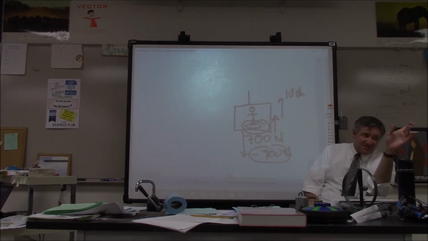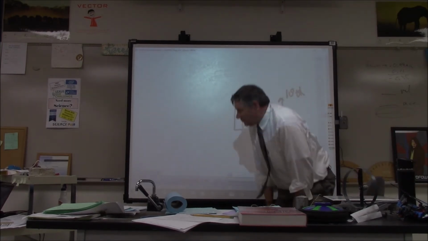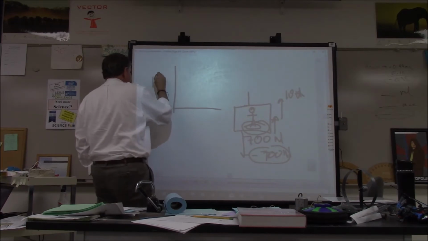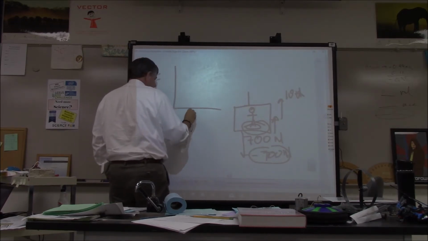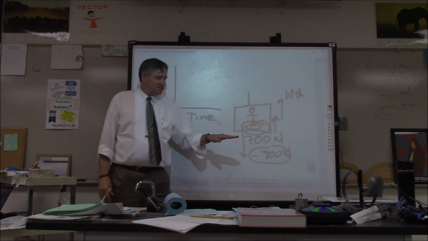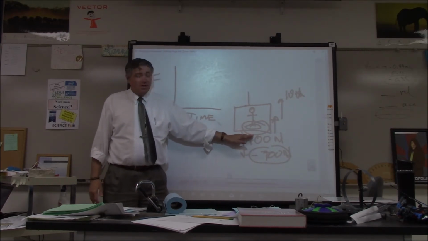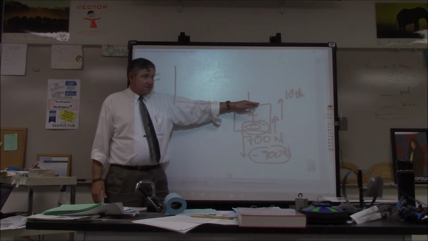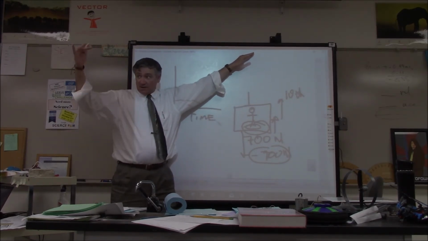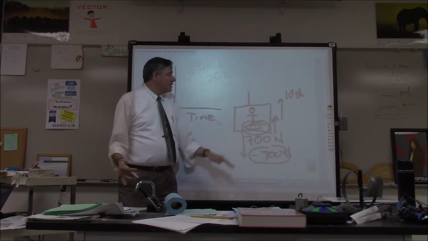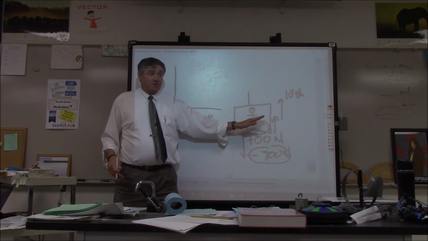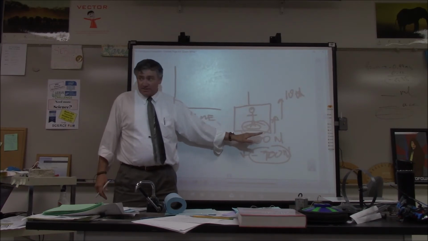Okay, visualize this. Let's say that you were to look at a force versus time graph. Imagine this: you're starting at the bottom. You're going to accelerate upward, then you're going to maintain a constant velocity, and then you're going to slow down a little bit once you get to like the 10th floor. When you press the up button and those doors close, is this elevator going to accelerate?